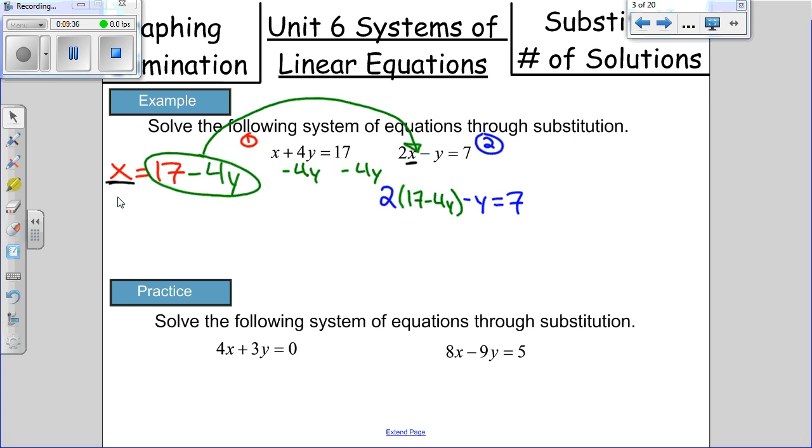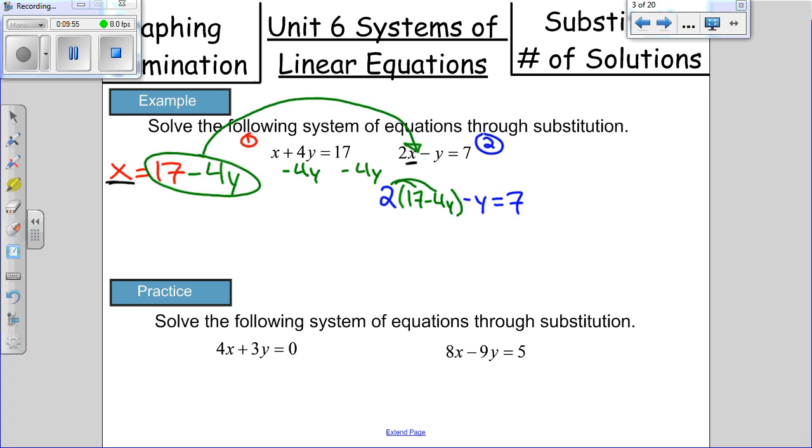To do that, you have to get y all by itself in equation 2. The first thing you need to do to get y by itself is expand. So if there's any multiplication that needs to happen, you do it. That 2 needs to multiply into the brackets, which I just inserted.